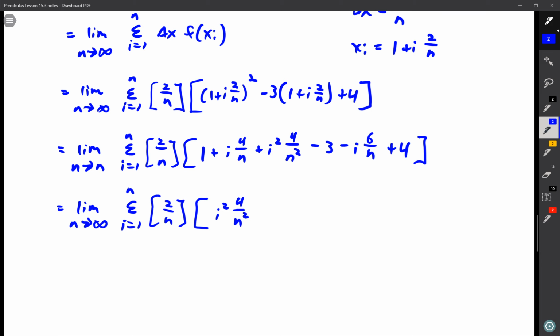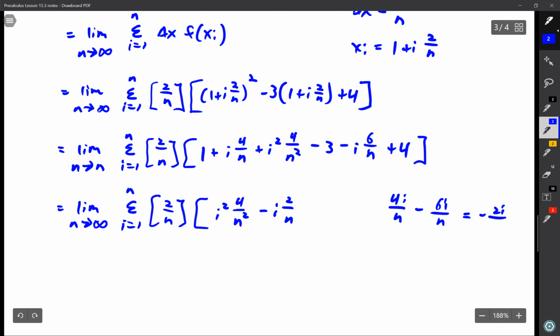Then how many i terms do I have? I have i 4 over n minus i 6 over n. So that's going to give me a minus i 2 over n. If it's easier for you to view it as we have 4i over n minus 6i over n, hopefully you can see how that would become a minus 2i over n. All right, that's the math that we're dealing with here.